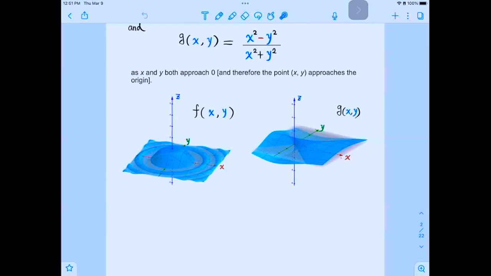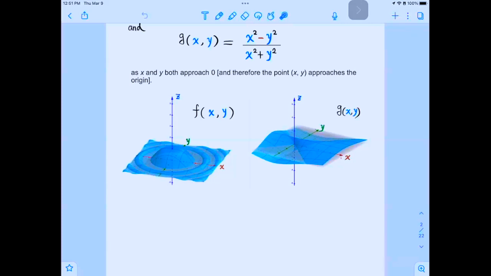So over here, this is the example for a function of two variables. If you approach this way, you get a different number, and approaching this way, you get a different number. Then the limit of this function when x, y approaches 0, 0 does not exist.